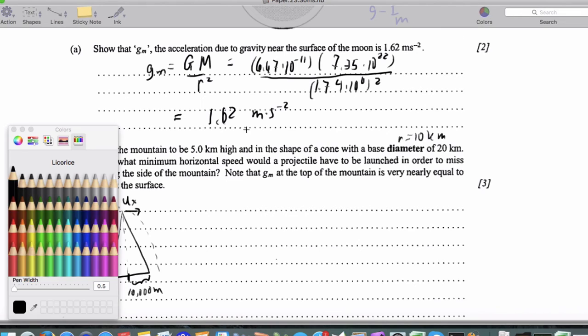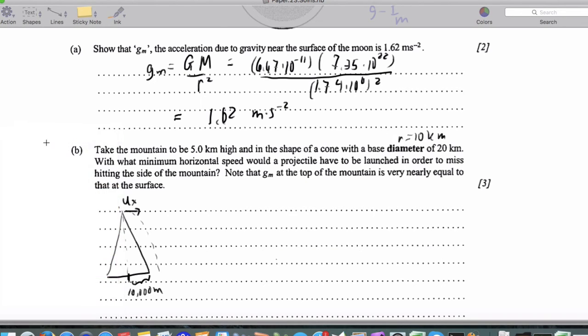Let's first begin. Whenever you have these horizontal launching problems, here's what you do. Number one, get the time to fall. Then number two, worry about horizontal. And you're going to want to use the formula d is v times t, or d over t equals v.